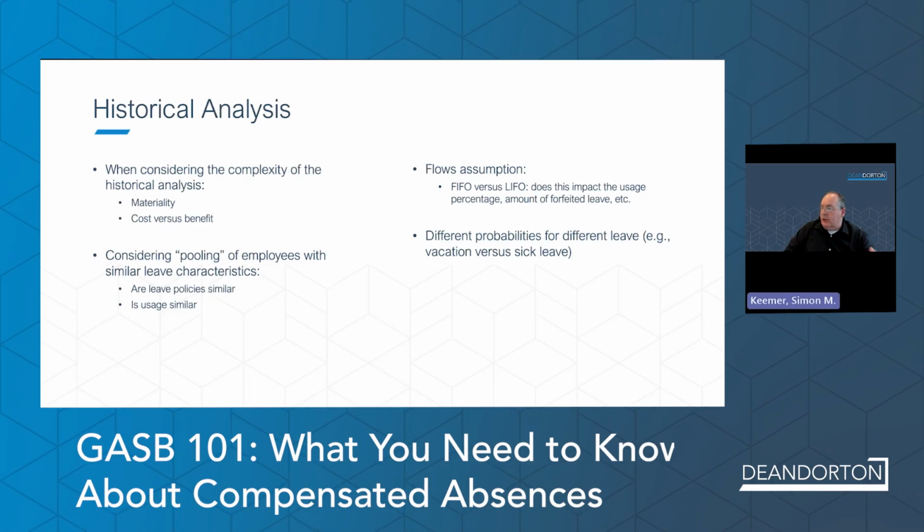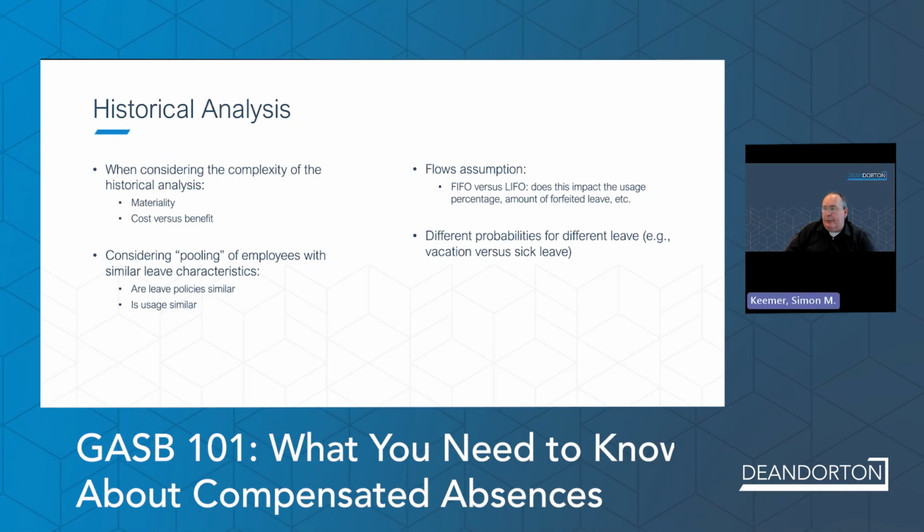So you do want to look at pooling employees with similar leave policies and also similar usage historical analysis. You also want to consider your flows assumption, so FIFO versus LIFO. Is it the earliest leave people take first, or is it the latest leave that people take first?